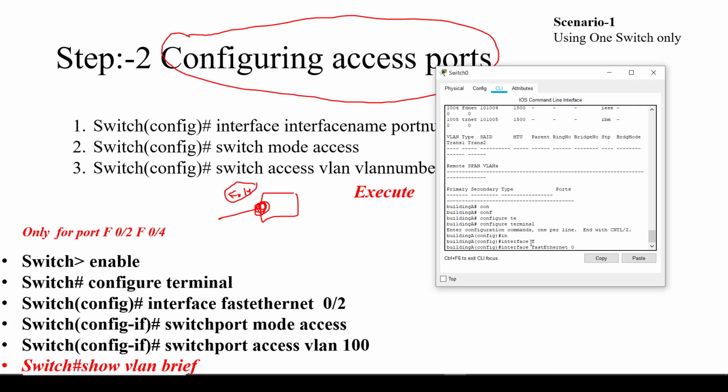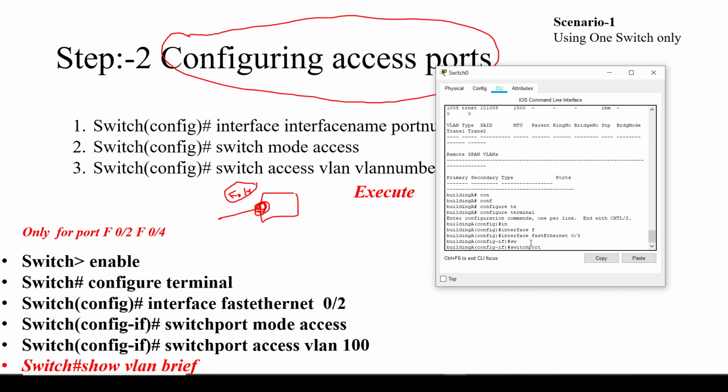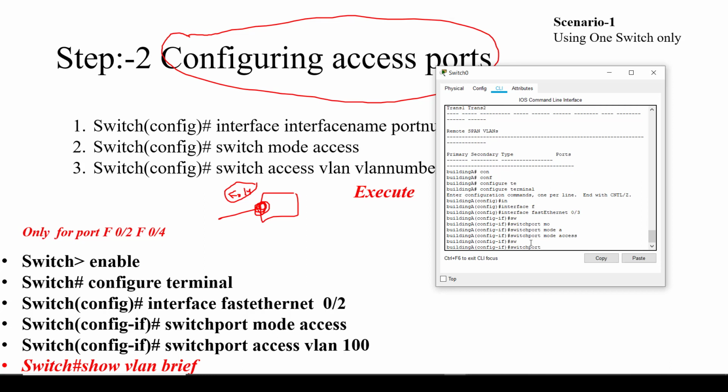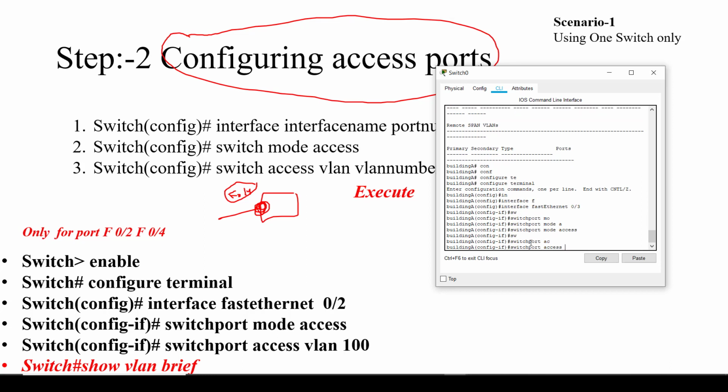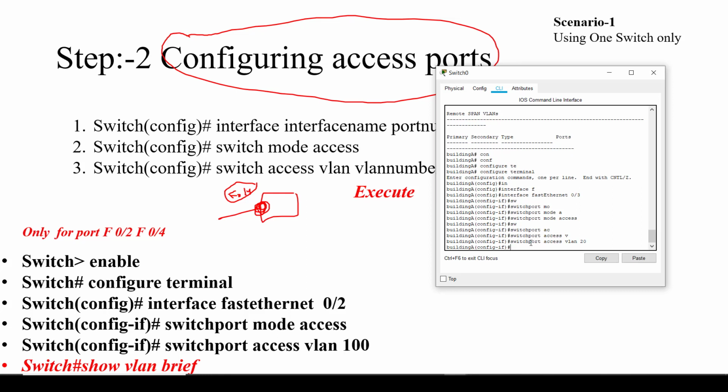Interface FastEthernet 0/3, right? Now let's perform switchport mode access, right? Then type again switchport access vlan 20. Okay, because VLAN 20 is for the faculty member.